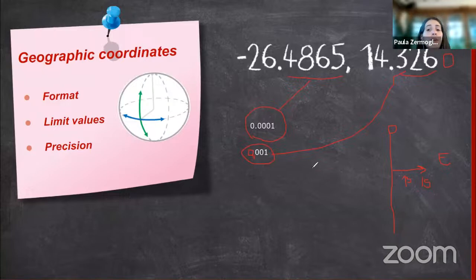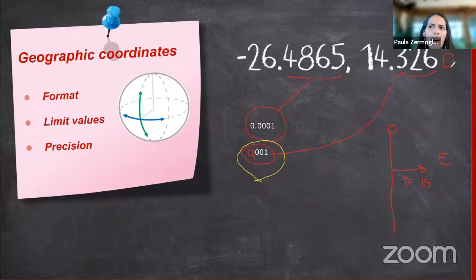Now, if we're talking about the pair of coordinates, we have to report the precision of the one that is less precise, because we have to be conservative. We cannot assume that this is more precise than we're actually seeing. And so if we were to determine the precision of the pair of coordinates, it would be 0.001, 3 decimal places.